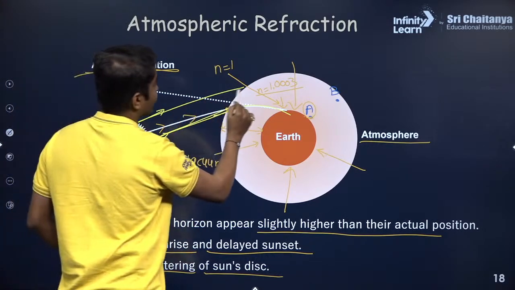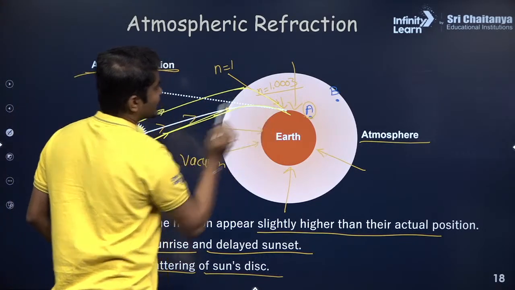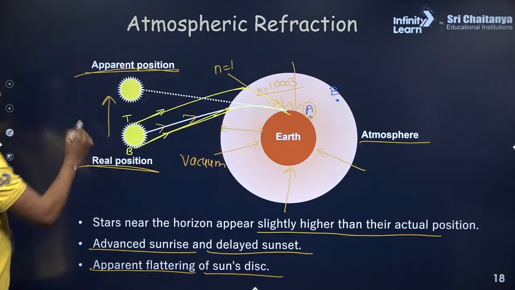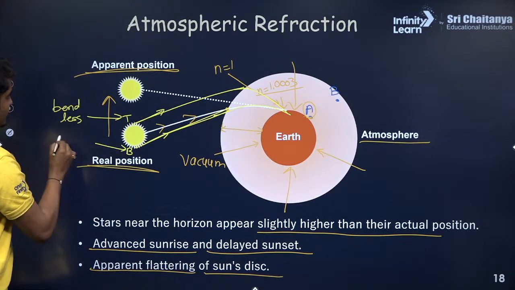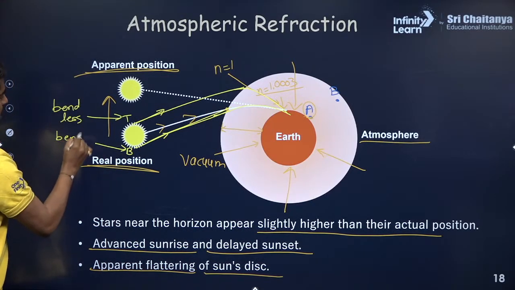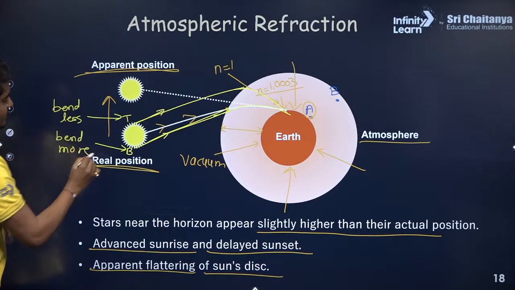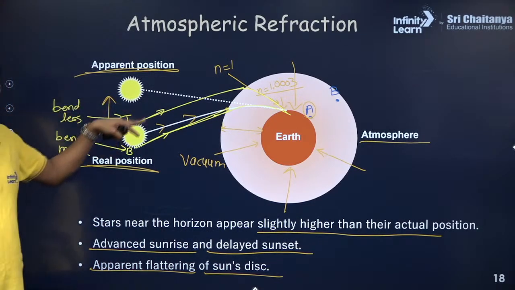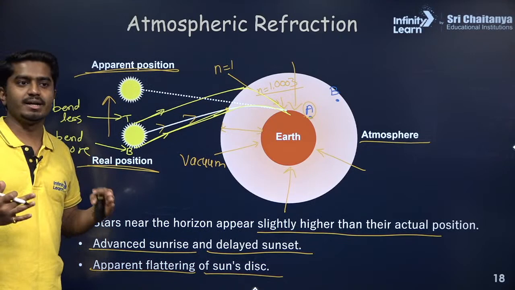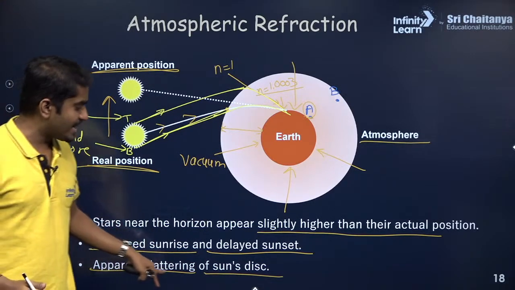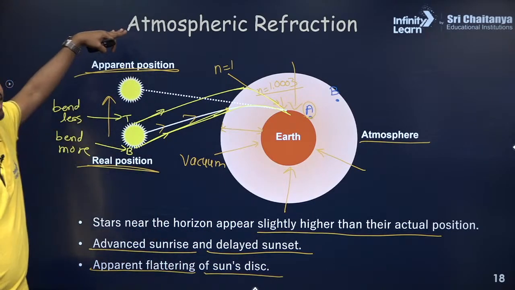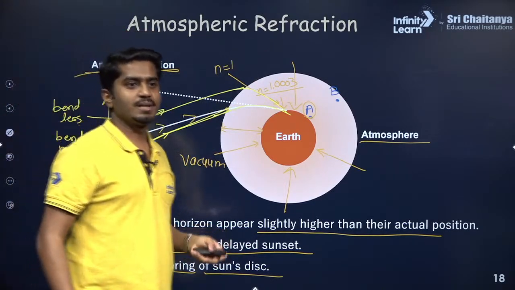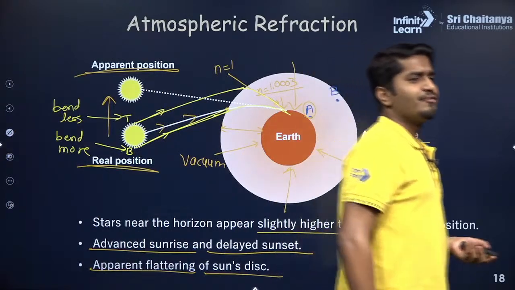The upper ray will bend less. The ray coming from the bottom surface bends more, and because of that the sun's disk appears distorted. That is called apparent flattening of the sun's disk. All these things happen due to atmospheric refraction. Easy? Very simple, right?